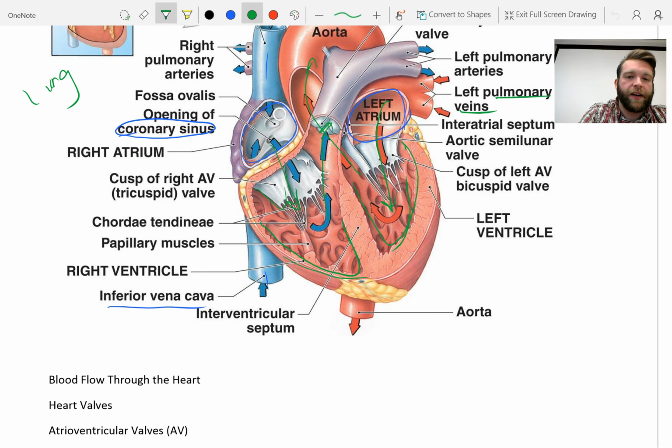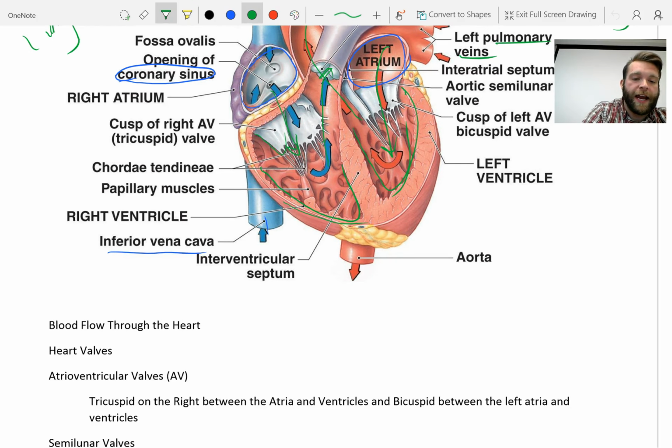Between our atria and ventricles, we have these things called atrioventricular valves, or AV valves, and they have a couple other names. You have a right AV valve and a left AV valve. Right is between your right atrium and right ventricle, left between your left atrium and left ventricle.